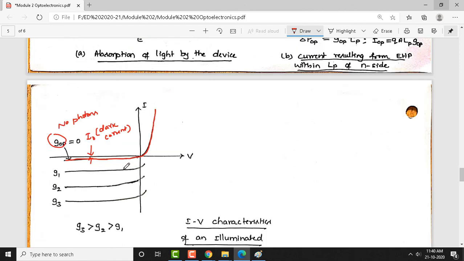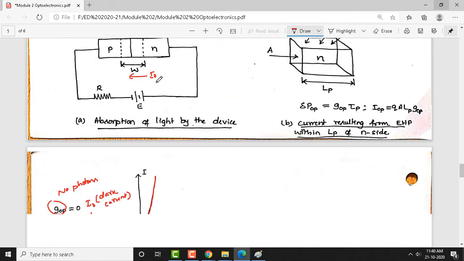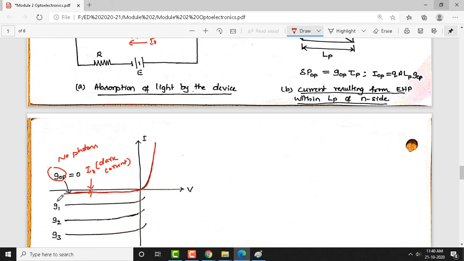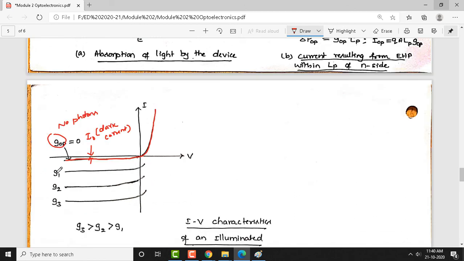Now, as you keep increasing the photons, you can see that the generation rate keeps increasing. G1 is less, G2 is increased compared to G1, and G3 is further increased compared to G2 and G1. These are nothing but generation rates.